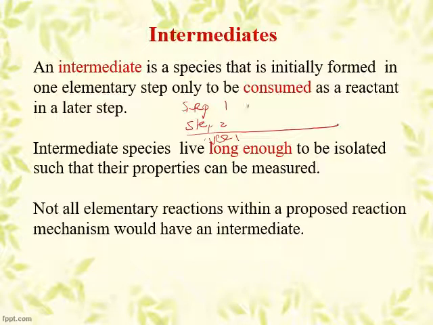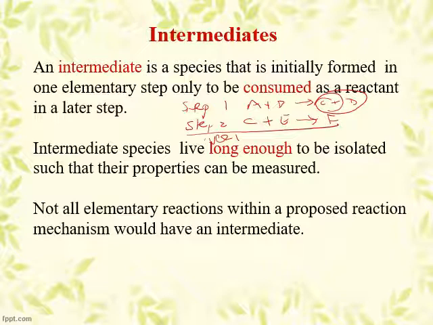In step 1, let's say reactants A and B produce C and D, and C here is the intermediate. C is used in the later step as a reactant: C plus E producing F, for example. That is what is meant by an intermediate.